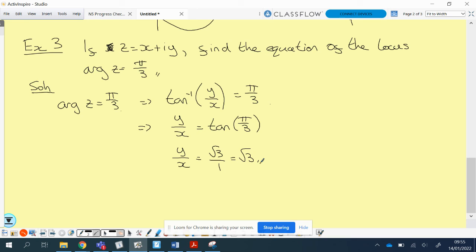Now this question asks me to find the equation. We always start the equation y equals, therefore if we bring the x over, the equation will be y equals root 3 x. So any complex number such that it's got an argument of pi over 3 has to lie on the line y equals root 3 x. It has to be along there somewhere.